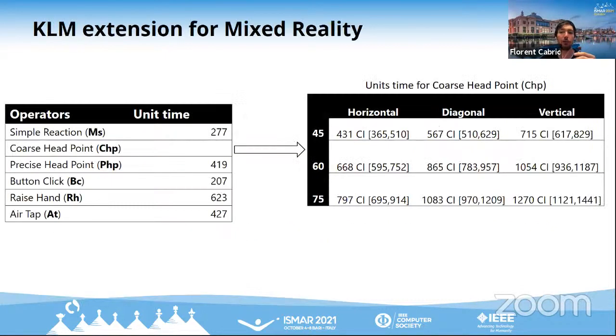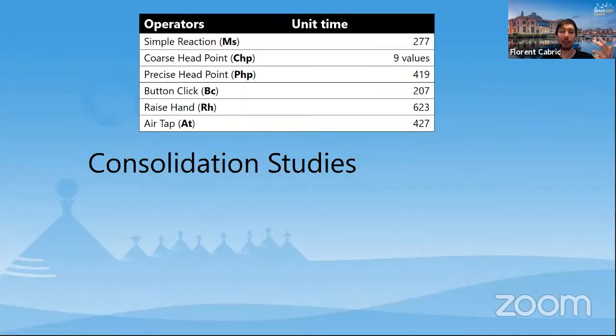And now we have a complete extension of KLM, but it's not sufficient to have a proper KLM extension. We need to consolidate our model with a sequence of operators, a more ecological task. So in the next slide, I will present different consolidation studies to validate the ability of our model to predict interaction time.